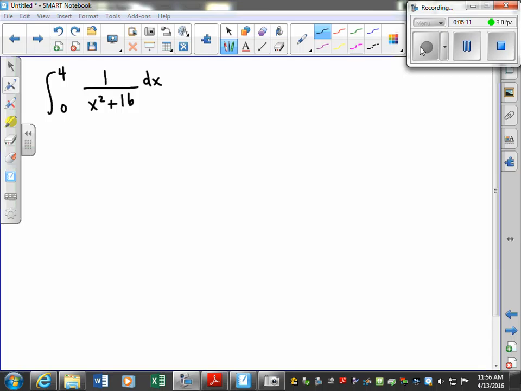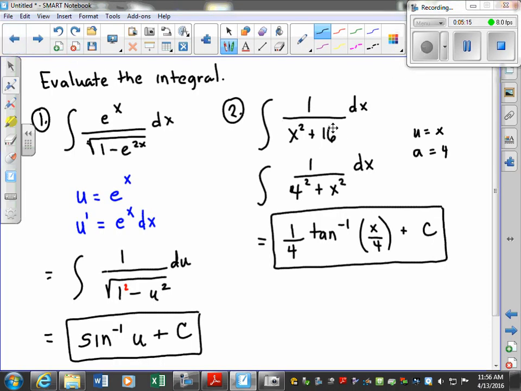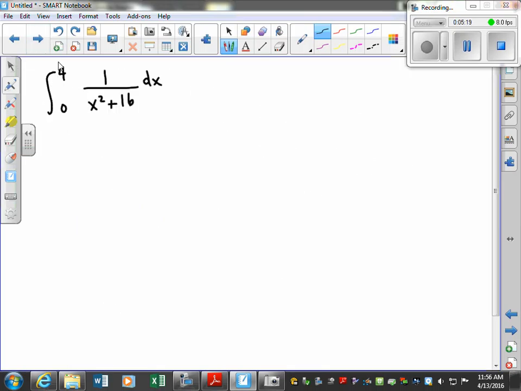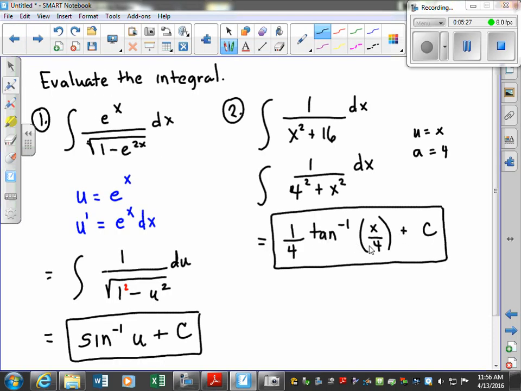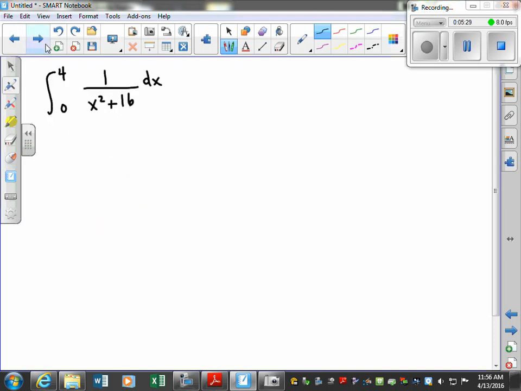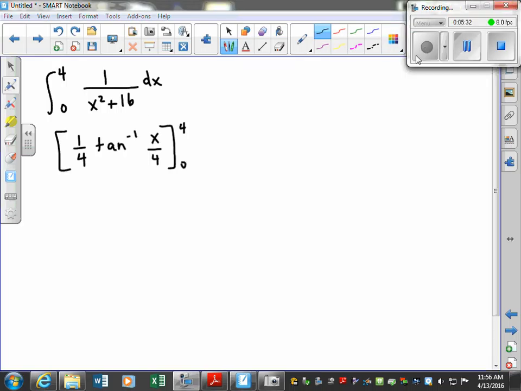Okay, what if we extended number 2 a bit? This is the indefinite integral, and we got this solution. What if we extended it and I gave you a definite integral? Let's pull this from the previous page, so if you'll help me carry this over. Okay, so let's calculate this and see what kind of solution we get. I like to bring that 1/4 out front and then rewrite this as tan inverse.